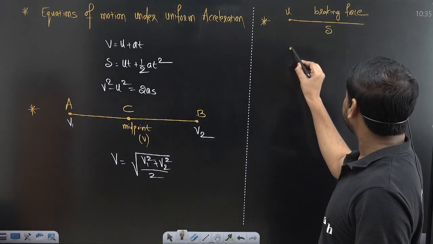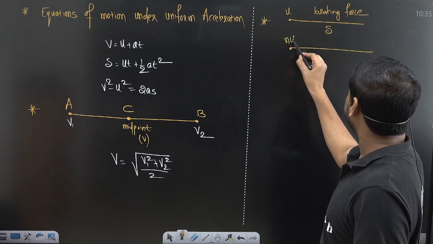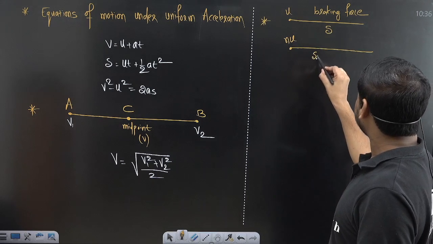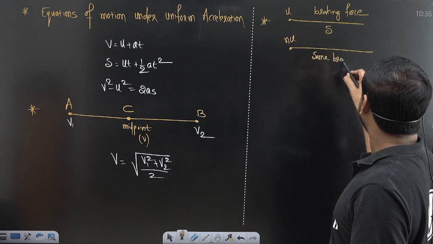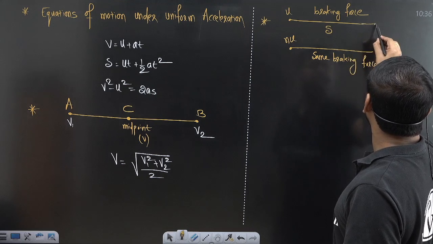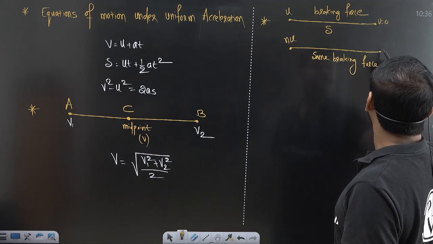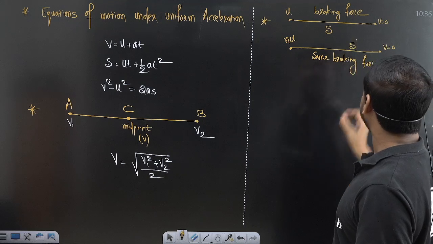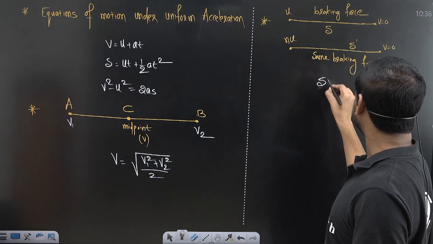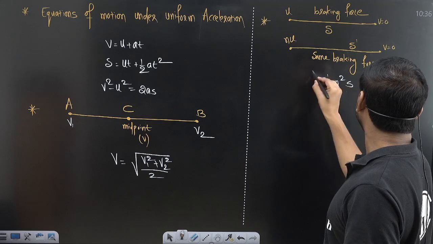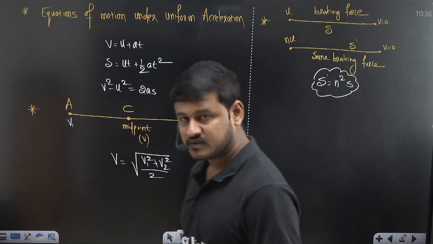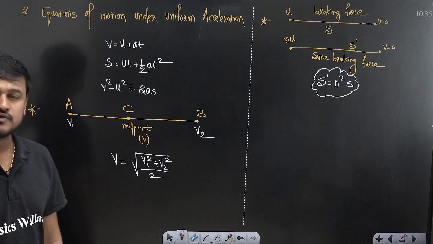If the same body moves with a different speed, let it be n times this speed, and the same braking force is applied, after how much distance will it stop? Here the final velocity is 0, and also there the final velocity is 0. Let the distance covered by it be s dash. So s dash is equal to n square times s. Clear? This result also we have seen.